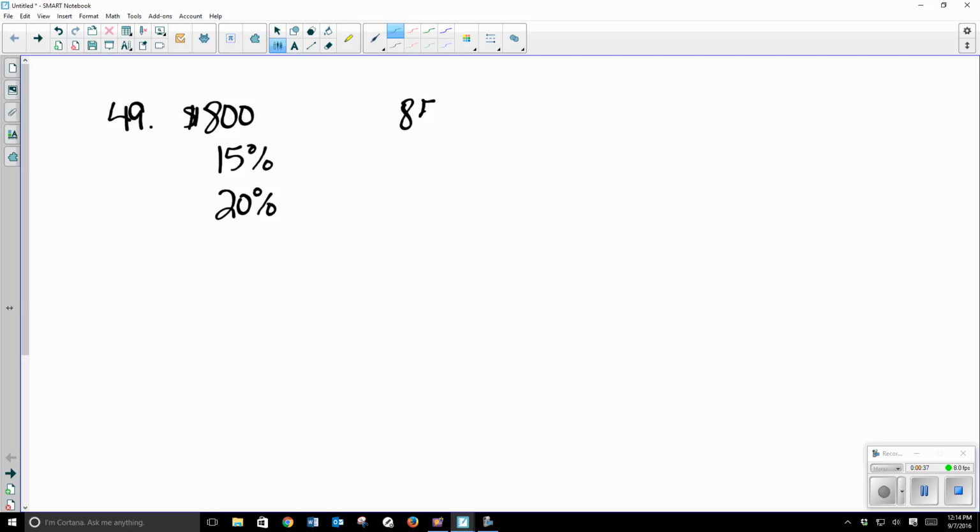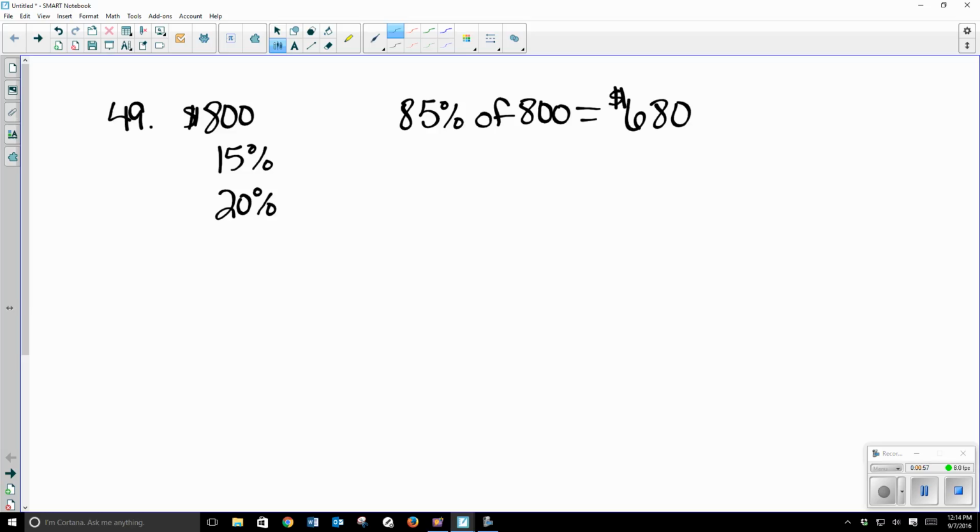So 85% of 800 is, and I don't use the percent key, 0.85 times 800 is 680. So it was reduced to 680.